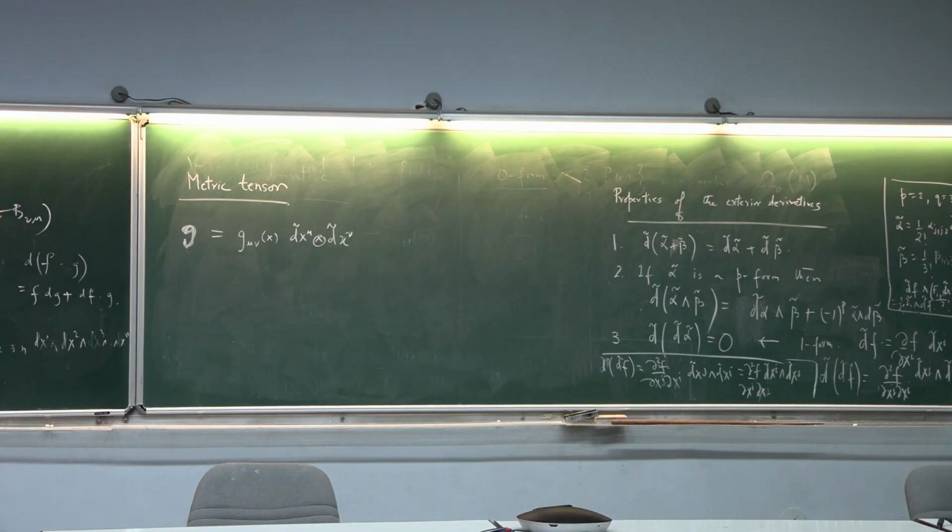So what is a metric tensor from the differential geometric point of view? It takes two vectors and produces a real number.